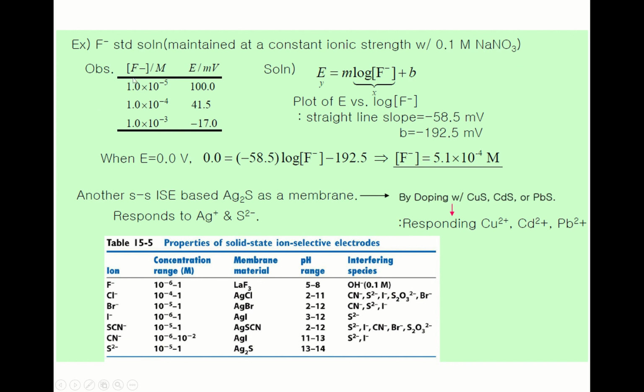Then you change the fluoride ion concentration under the same ionic strength and measure the electrode potential. At a concentration of 1.0 times 10 to the minus 5 molar, you measured E equals 100 exactly; at 0.1 millimolar fluoride ion, E becomes 41.5; and at 1 millimolar concentration, E equals minus 17.0 millivolts.